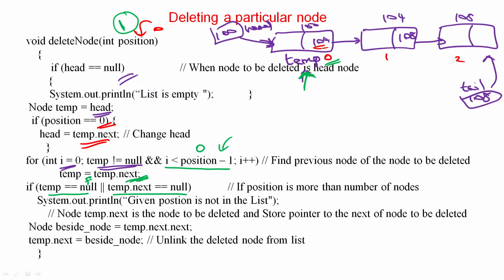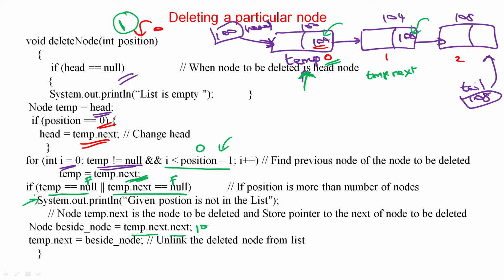Temporary dot next is 104, so that is also false. So this statement will not execute. Now temporary dot next is 104, and temporary dot next dot next means 108.